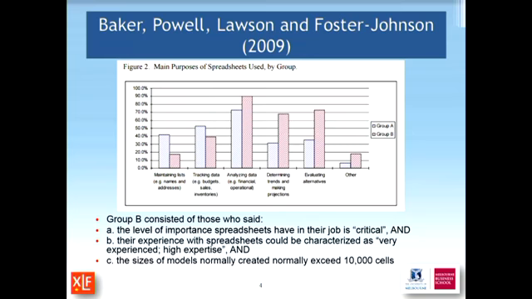On that screen there is an extract from their article. It contains a column chart about the main purpose of spreadsheets by group, and the Group B people, the professional people, are shown by the pink columns. Now, I ask this question every semester, and every semester, first of all, no one will answer me, and the people I ask don't know what I'm talking about.